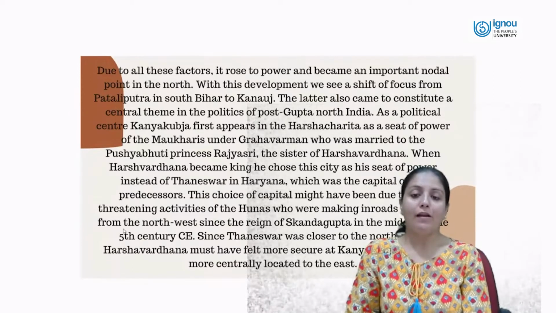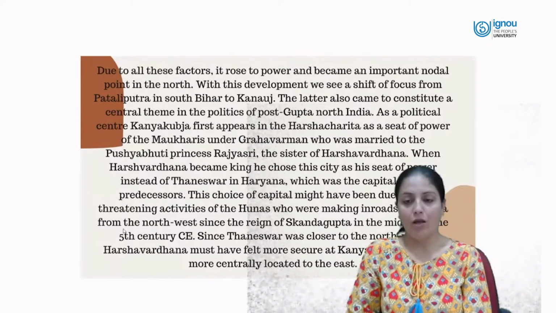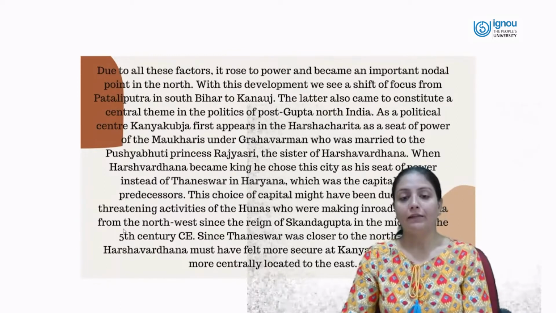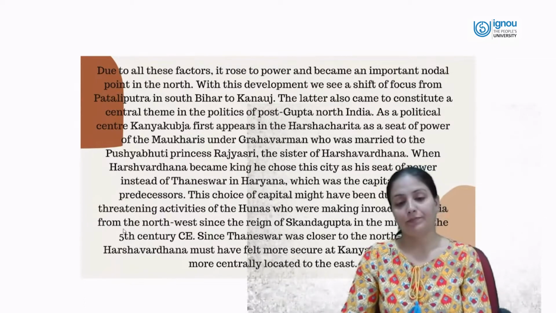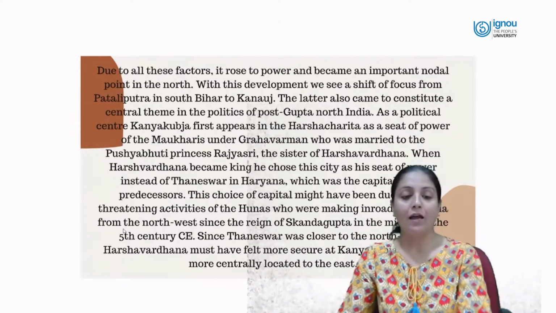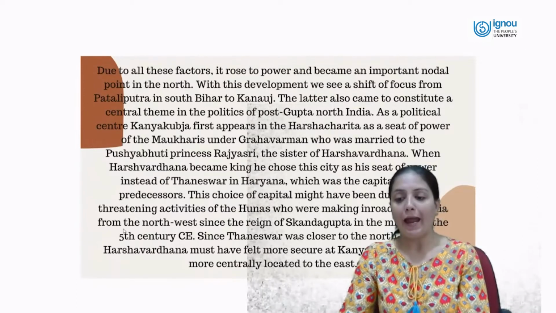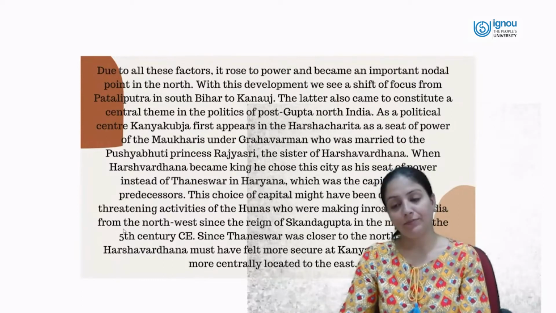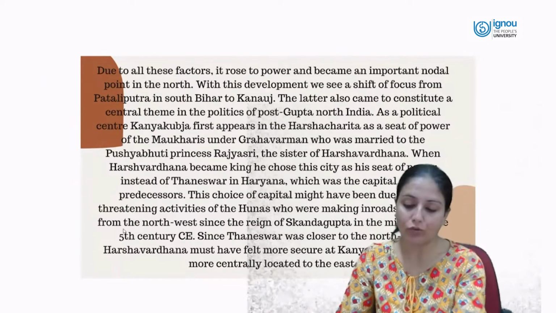This choice might have been due to the threatening activities of the Hunas, who were making inroads into India from the northwest since the reign of Skandagupta in the middle of the 5th century CE. Since Thaneshwar was closer to the northwest, Harshavardhana must have felt more secure at Kanyakubja as it was more centrally located to the east. That's why Harshavardhana liked to live in Kanyakubja.